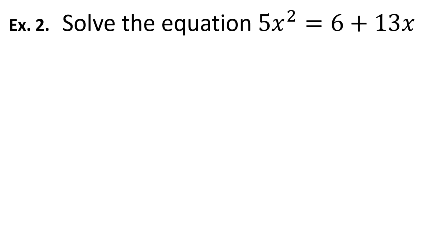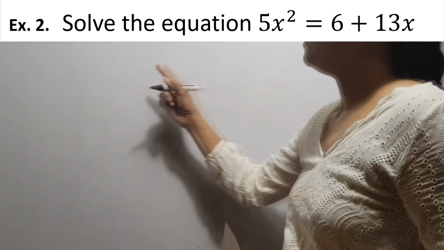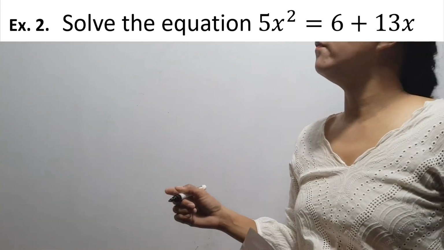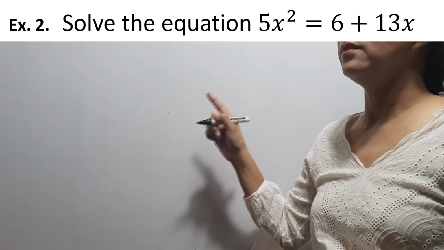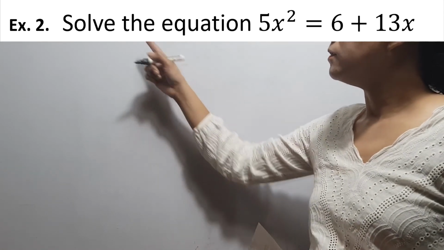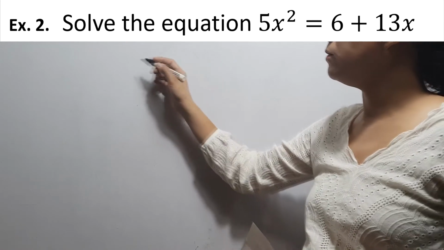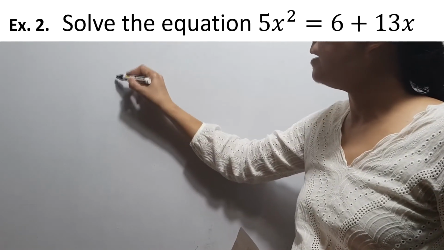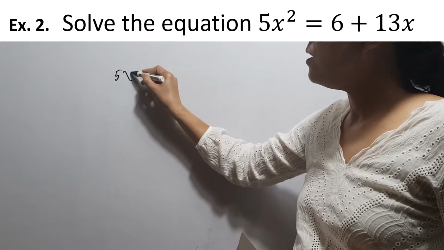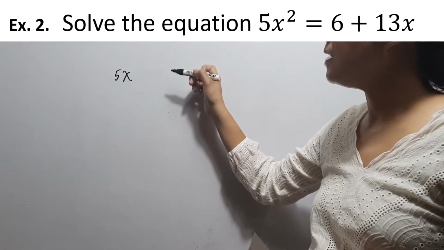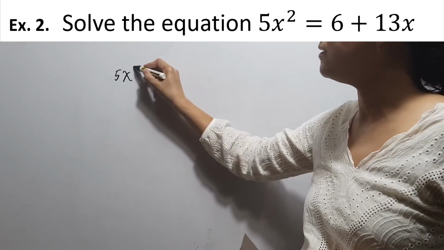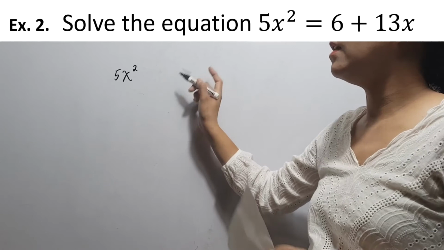Okay, another example. Okay, so we have to convert the given equation to the standard form. So the right side should be equal to 0. So, kailangan mag-add tayo ng negative 6 at saka negative 13x to the right side. Same with the left side.